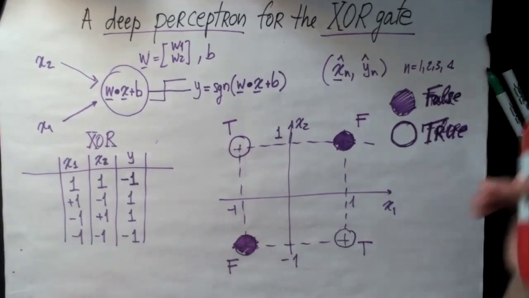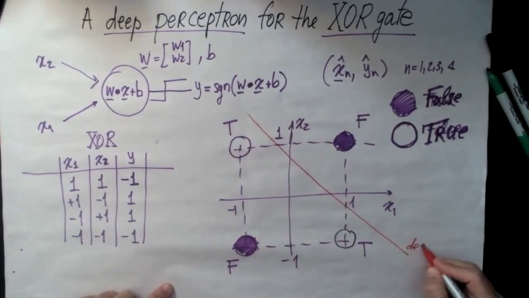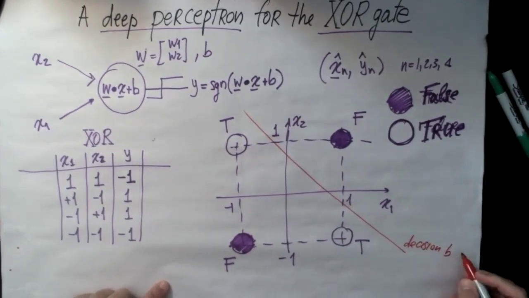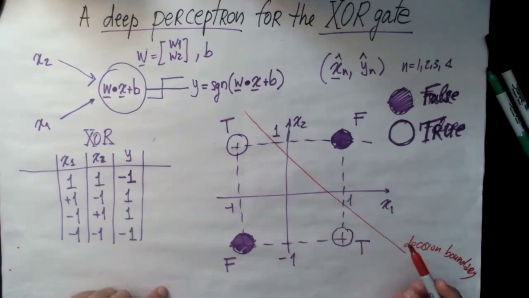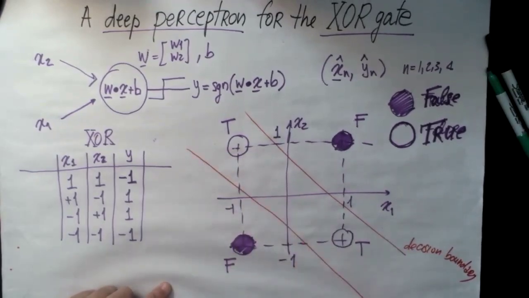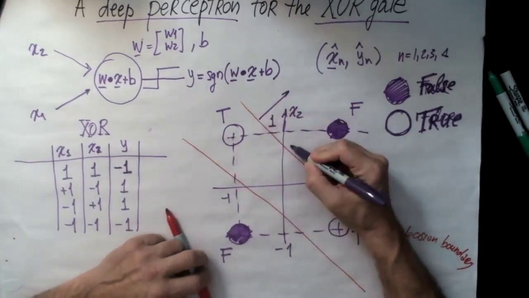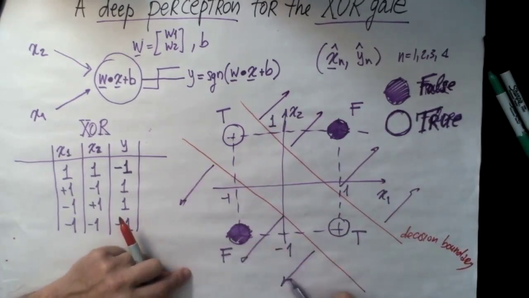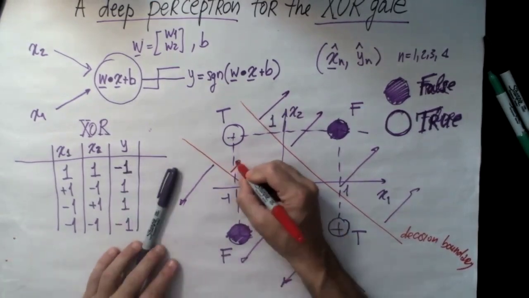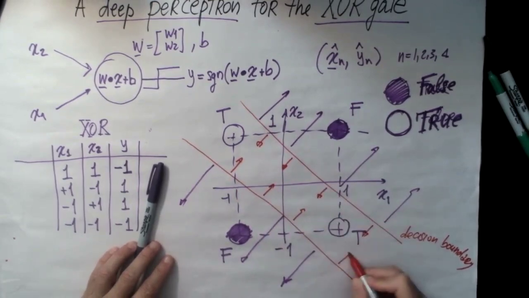So you see that there is no way to draw a decision boundary, in this case a line, to separate the false outcomes from the true outcomes. Actually, to do that, we need two decision boundaries. One for which the outer region is going to be the false results, and the inner region will be the true results.